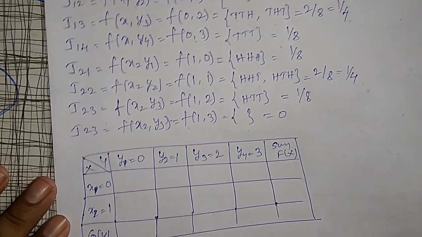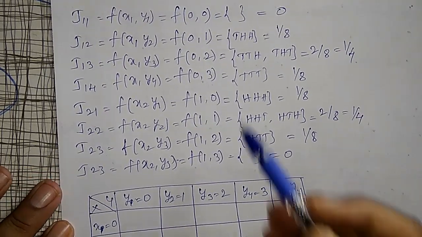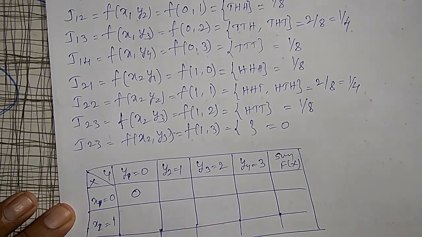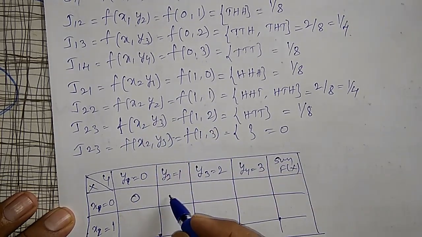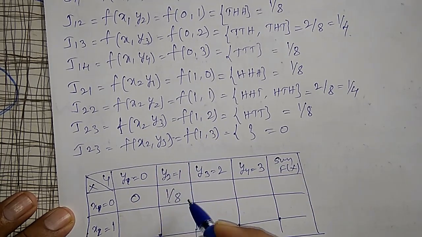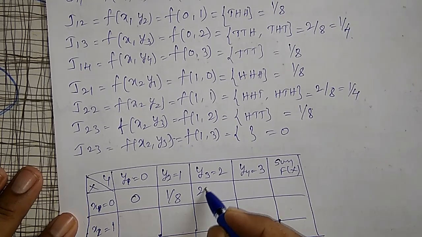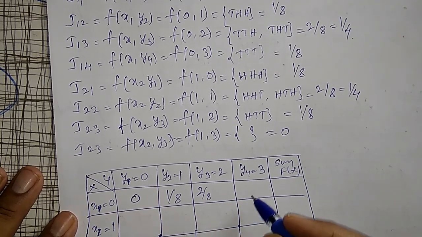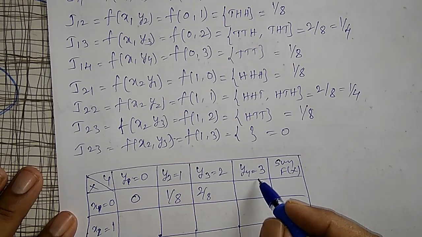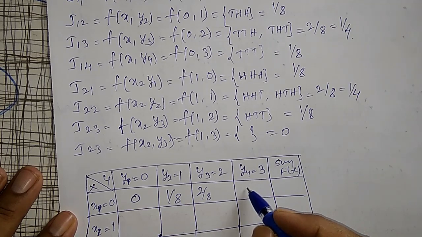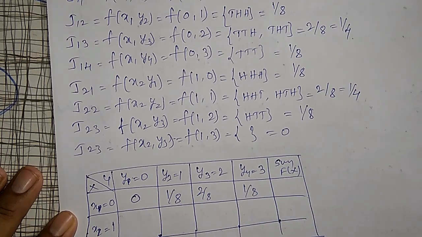Okay, notations. J11 has probability 0, that is x1 y1. The next, J12, is 1 by 8. J13 is 2 by 8, or you can write 1 by 4. Next, J14 is 1 by 8.